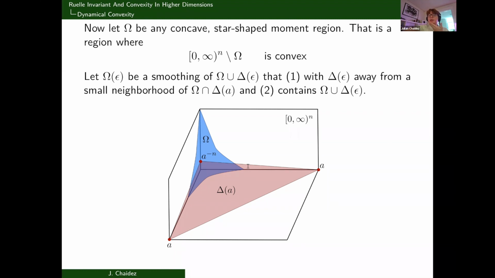Next, omega of epsilon is a new concave domain where I take the union of omega and this very flat ellipsoid region that I described before. I take the union of their domains and then smooth it in the region where the union is not smooth. There's some neighborhood of where the boundaries intersect where I have to correct things, but I can do that such that omega of epsilon remains concave.